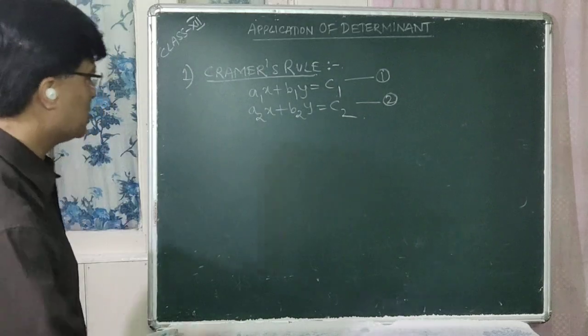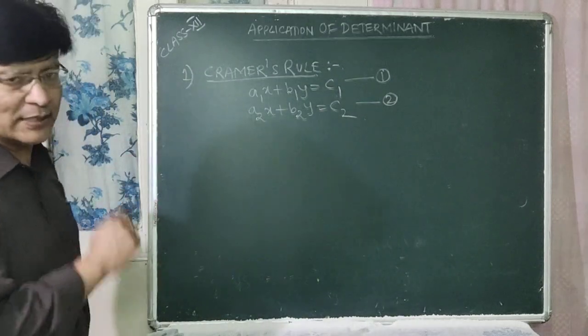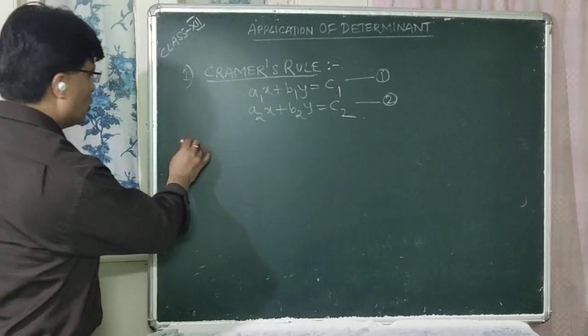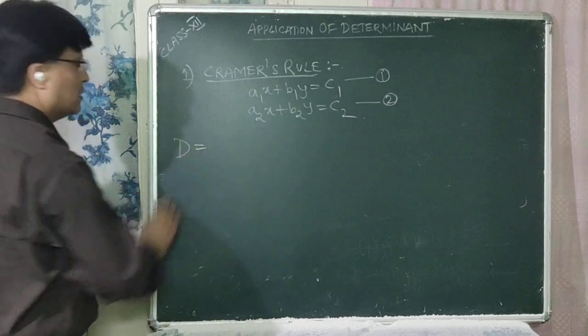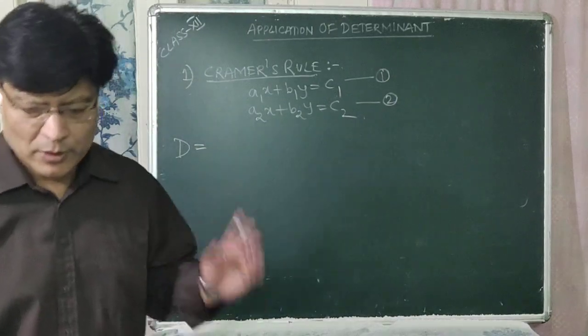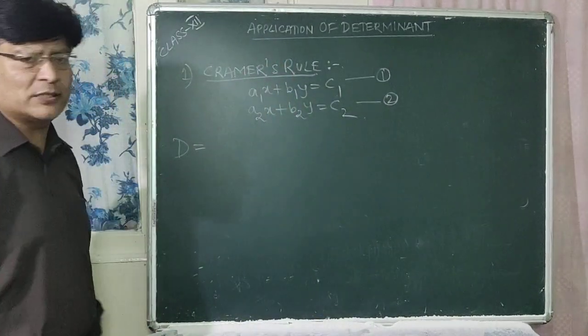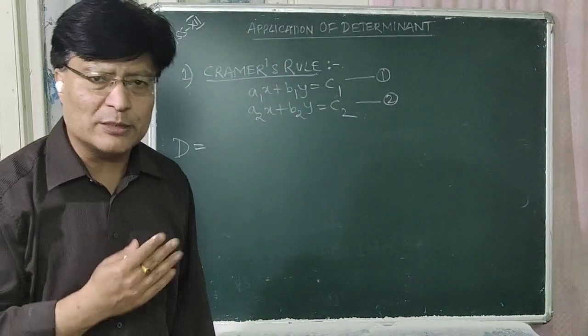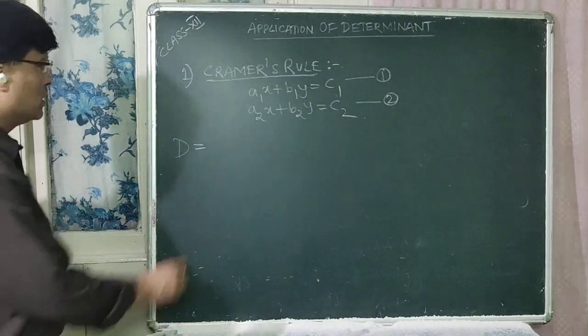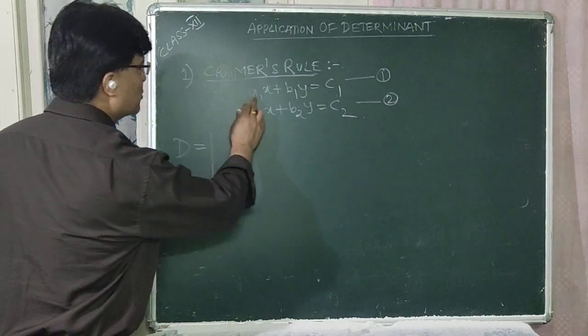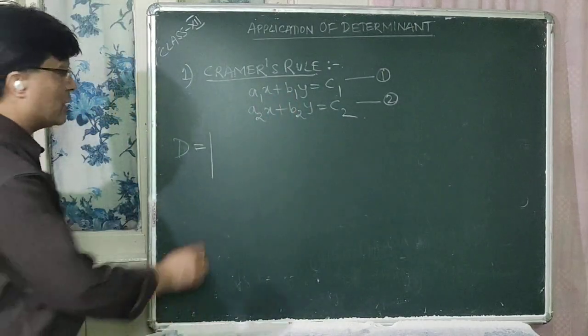What we will do here is I am writing the rule only. Given determinant D, suppose D is equal to the coefficients of x and y from both equations 1 and 2 in determinant form. In the first row you write the coefficients of x and y.